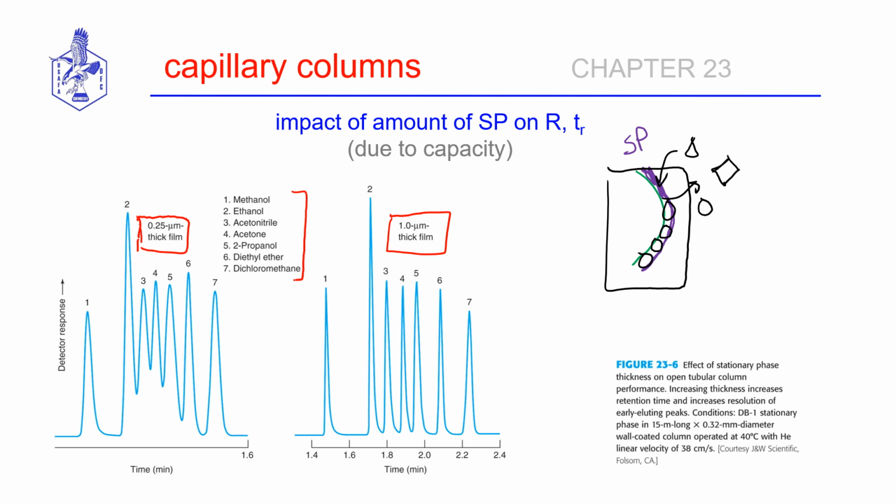You can see for the column with less stationary phase material, we are not getting good baseline resolution of most of the components. Our bands are broad, so we are not getting clean separation at the benchmark. Remember, resolution has got to be bigger than or equal to 1.5 in order to have that minimum baseline resolution. With the column that has the thicker film of stationary phase, all 7 components are coming off cleanly with good baseline resolution.